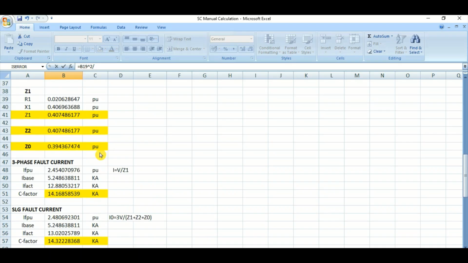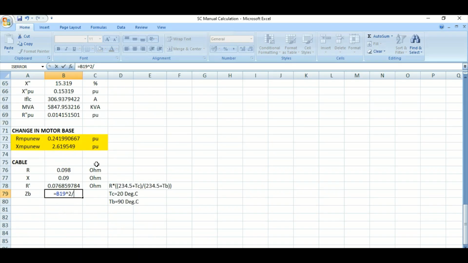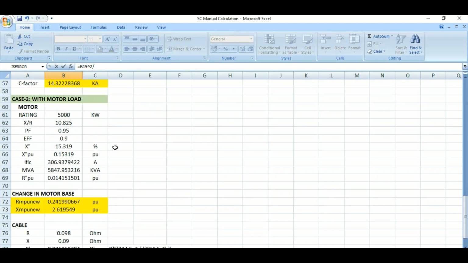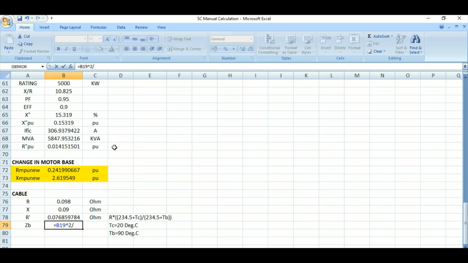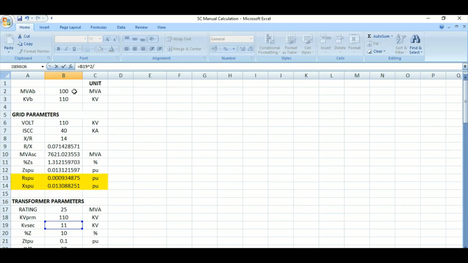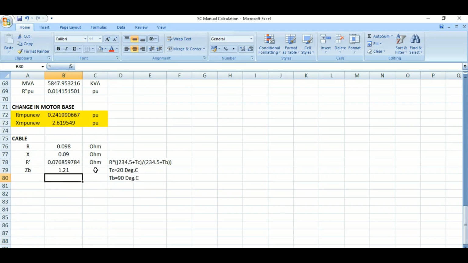Base MVA is 100, because the new MVA base is 100, so it is 1.21. That is also in ohm.